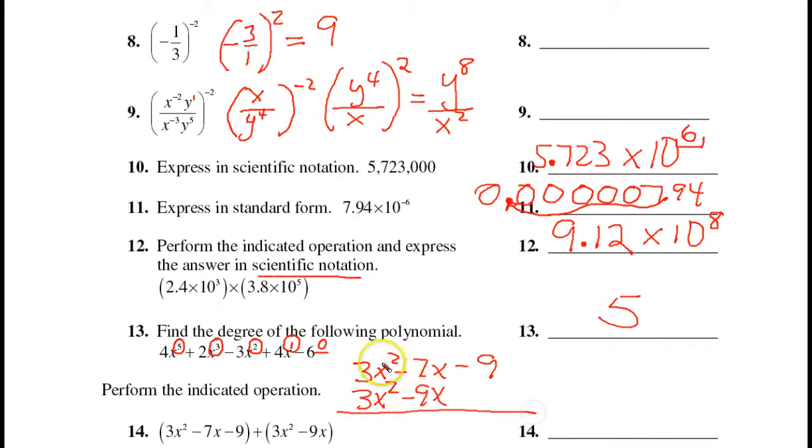And now that they're in like term columns, just add them. So that's 6x squared, keeping in mind variables never change when we're just adding. And this is a negative 16x minus 9.